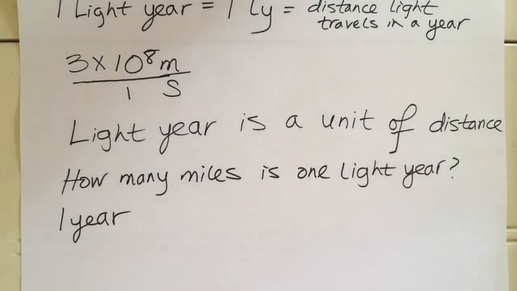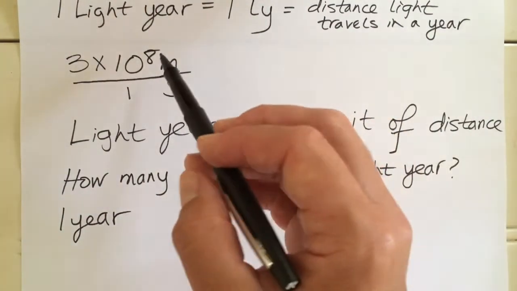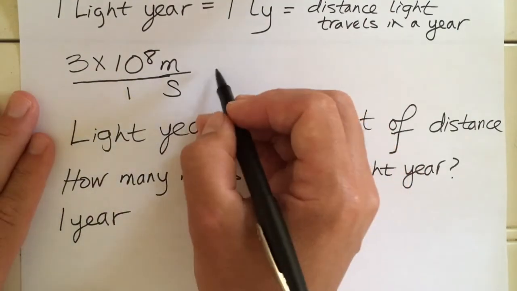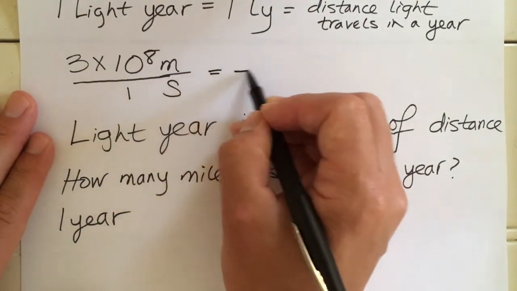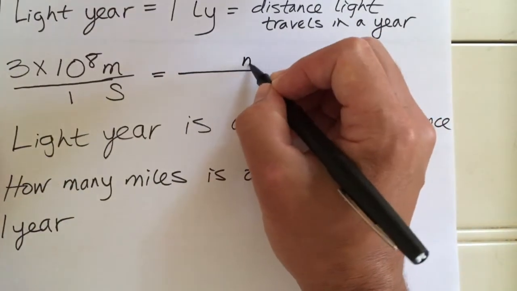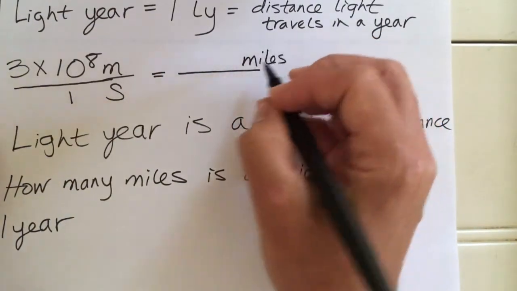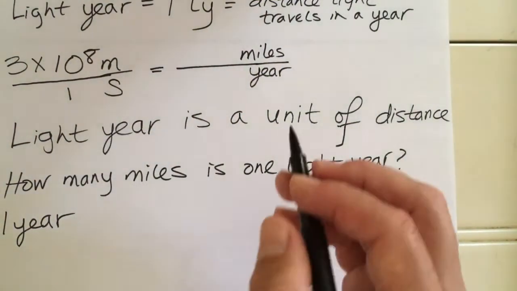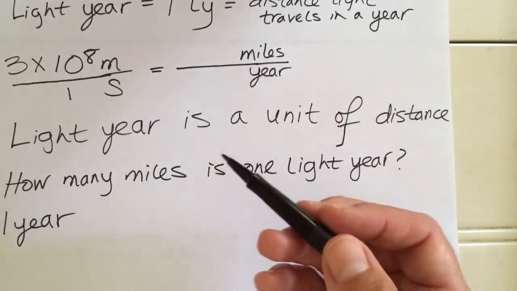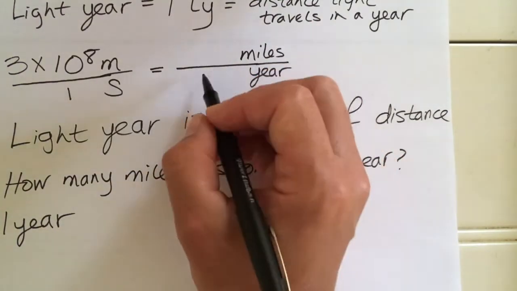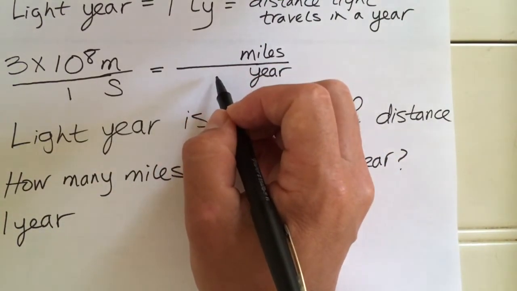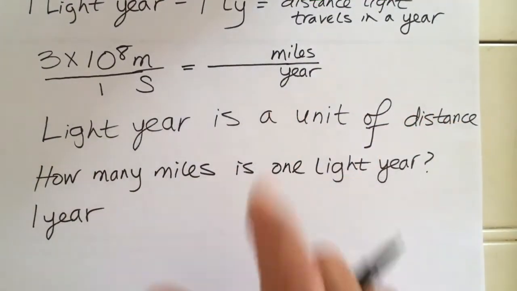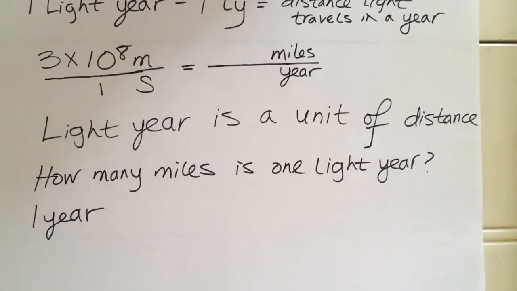The two ways of doing it: if this is in meters per second, we just convert it to miles per year. That's really what we're doing. We want to know how many miles it travels in 1 year. That's another way to look at it.